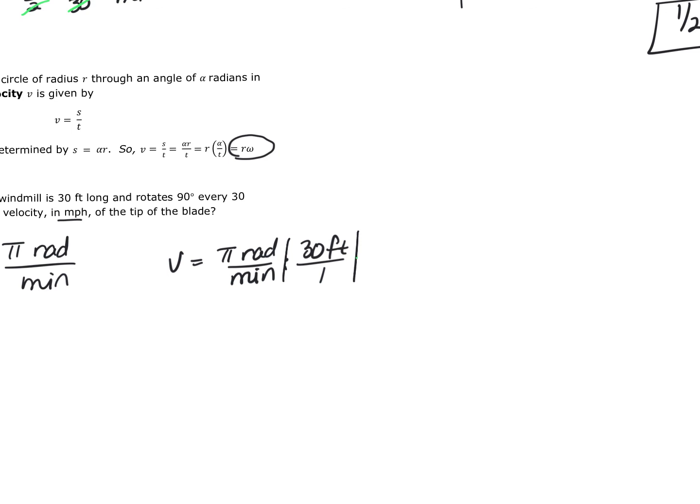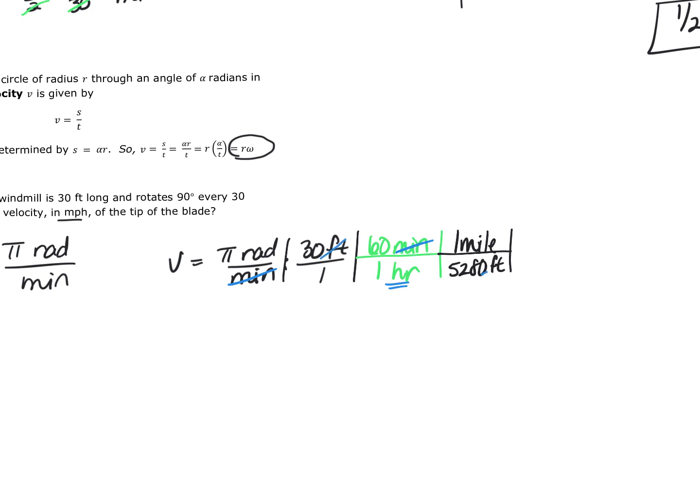So my first one is I'm going to take my minutes and convert into hours. So I have 60 minutes is 1 hour. That will eliminate my minutes. That will give me the hours that I need. The other unity fraction that I need is for my feet. So for 1 mile, there's 5280 feet.